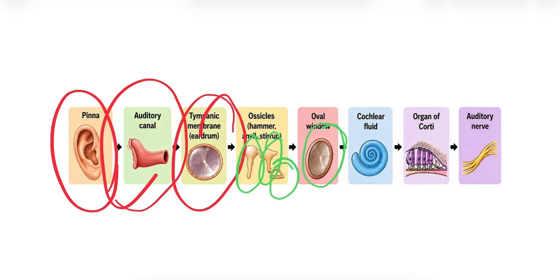The ossicles will then amplify those vibrations and transmit them through the oval window into the inner ear, the cochlea. Right inside the cochlea, pressure waves are going to be generated, and those pressure waves are going to stimulate the organ of Corti into converting those pressure waves into a nerve impulse, and the nerve impulse is then transmitted to the brain through the auditory nerve.